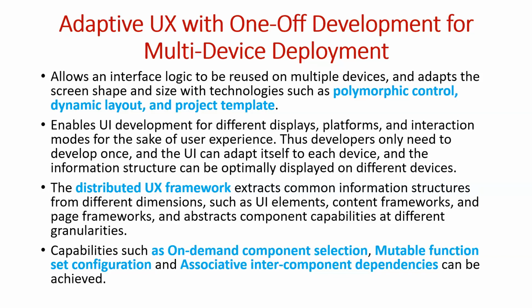It helps the developer make a UI which can adapt itself to each kind of device based on its hardware capability, and it can also ensure that the UI is optimally developed based on the hardware capability available on the system. It also has capabilities such as on-demand device component selection, mutable function set configuration, and associated intercomponent dependencies, which can be achieved by this UI capability.